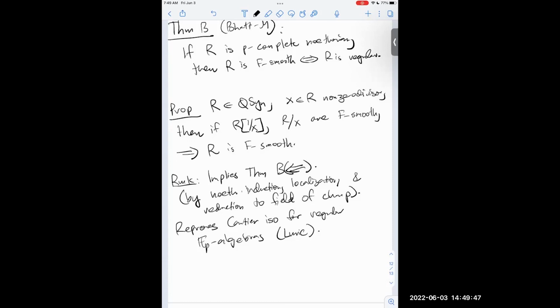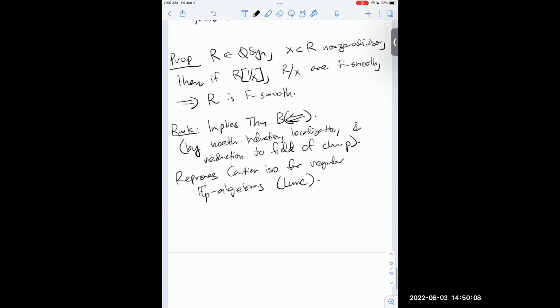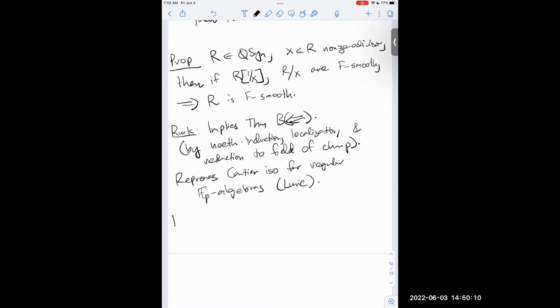And so to prove this proposition, essentially, you need a way of relating the prismatic complex and these Hodge-Tate complexes of R and R mod x. The prismatic complex of R and R adjoin 1 over x is sort of easier to relate because it's an étale extension. But yeah, so you need something for a non-zero divisor. And so to prove the proposition, we prove the following results.